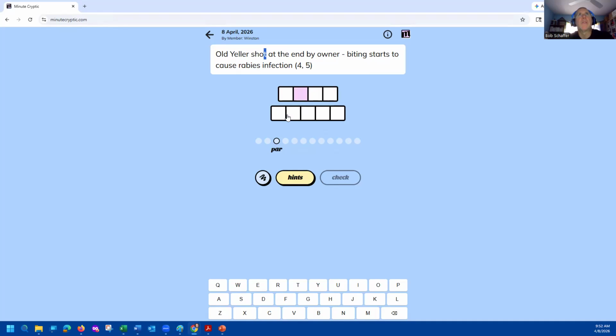If it's just biting the starts to CRI, so there's something that could go around this, or could that start here? I don't know a lot of four-letter words that end in C.